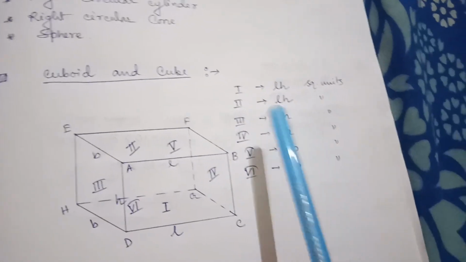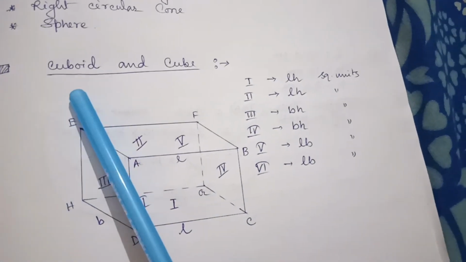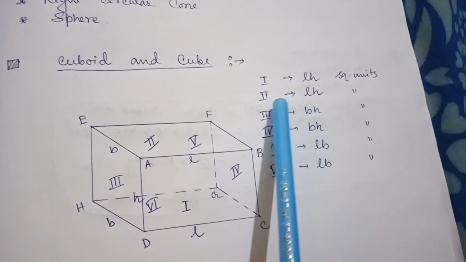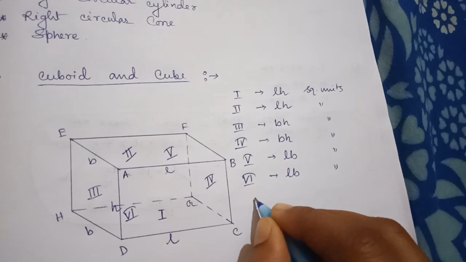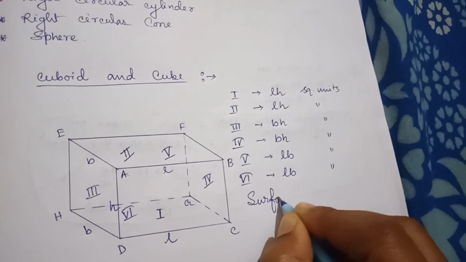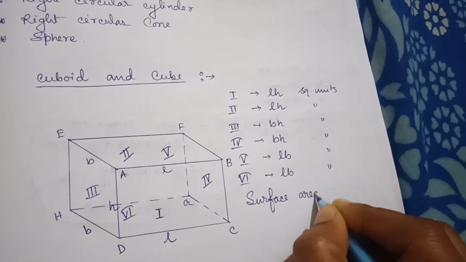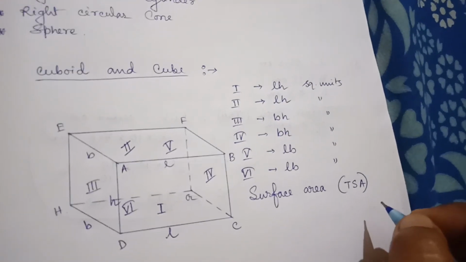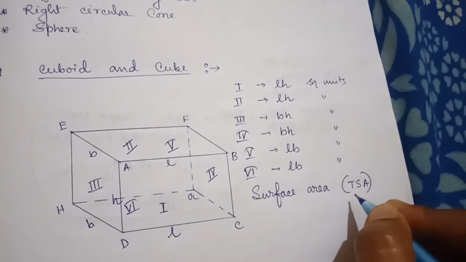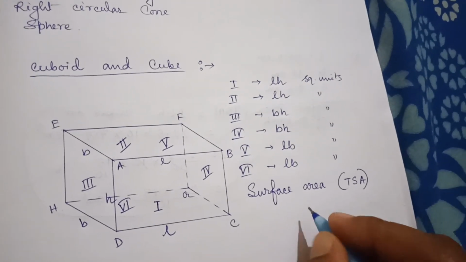Now the surface area of a cuboid, or total surface area of a cuboid. You can write only surface area, or total surface area. TSA is the short form of total surface area.